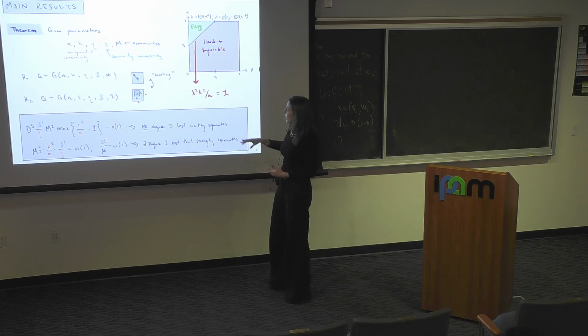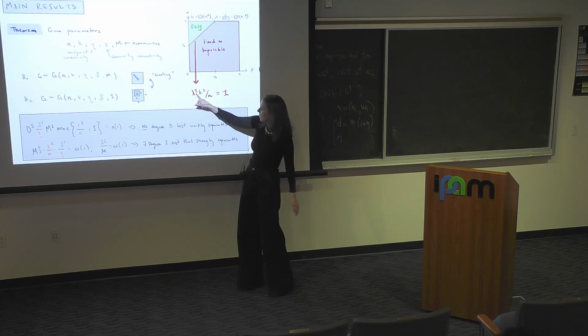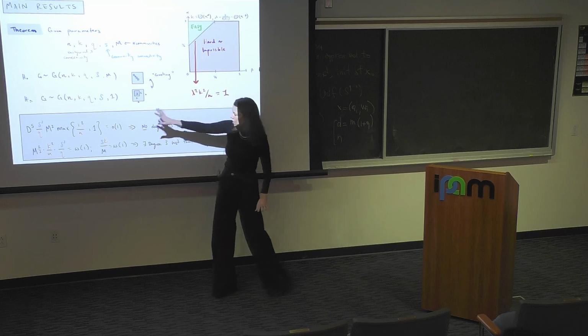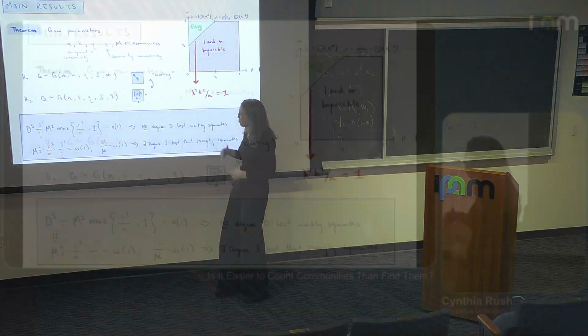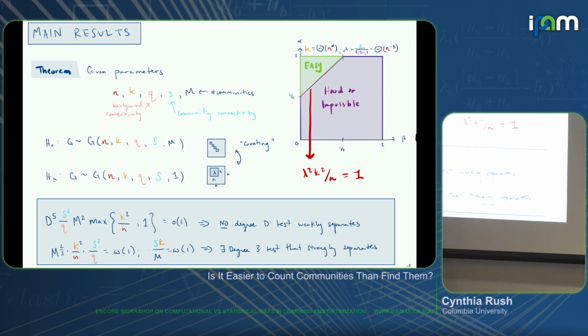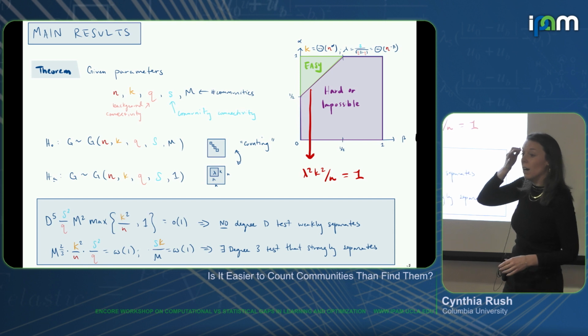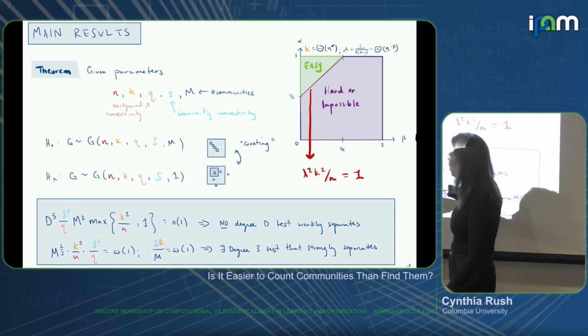So again, the line that we're plotting is lambda squared k squared over n, where lambda squared is s squared over q. Here I've included D, so technically we're allowing D to grow to log n, right?